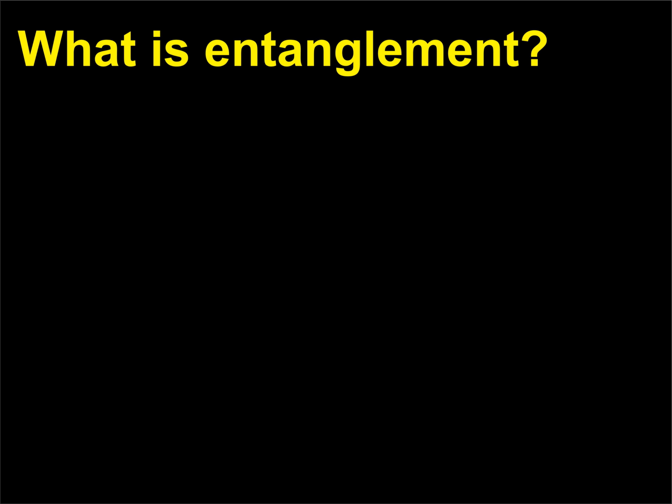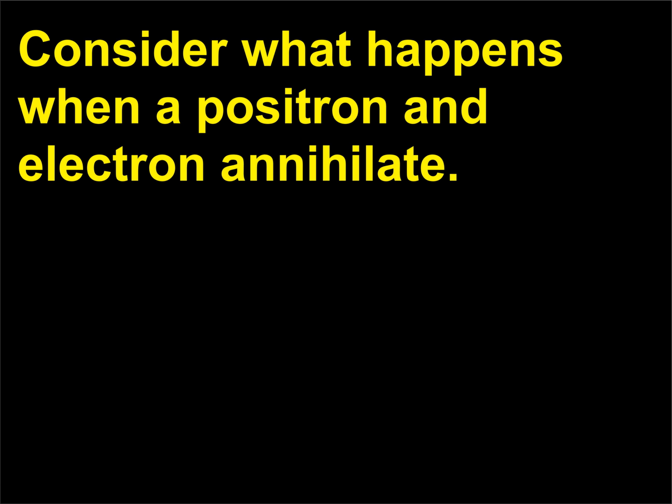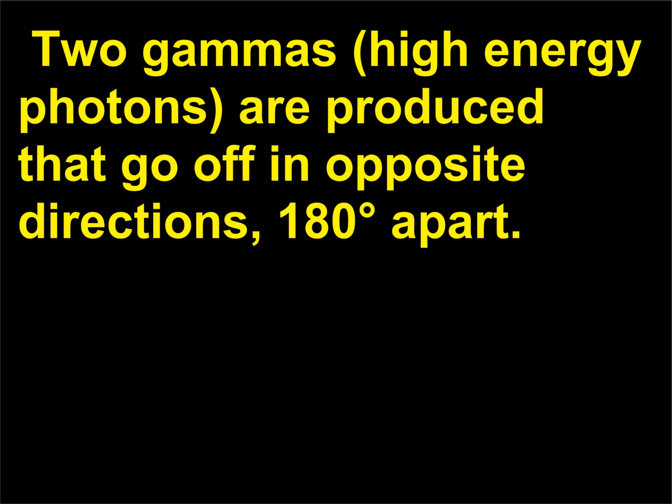What is entanglement? Consider what happens when a positron and electron annihilate. Two gammas, high-energy photons, are produced that go off in opposite directions, 180 degrees apart.